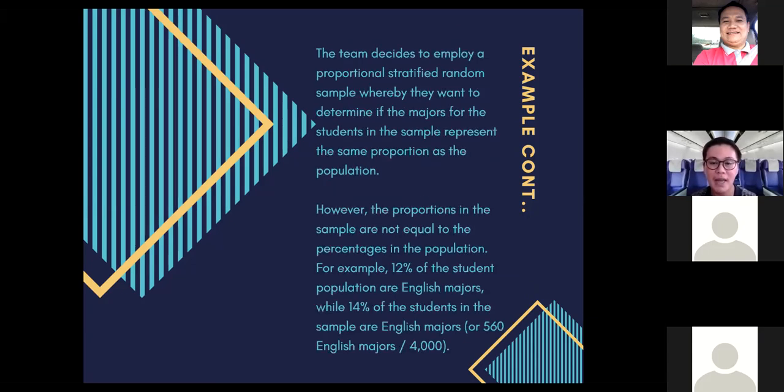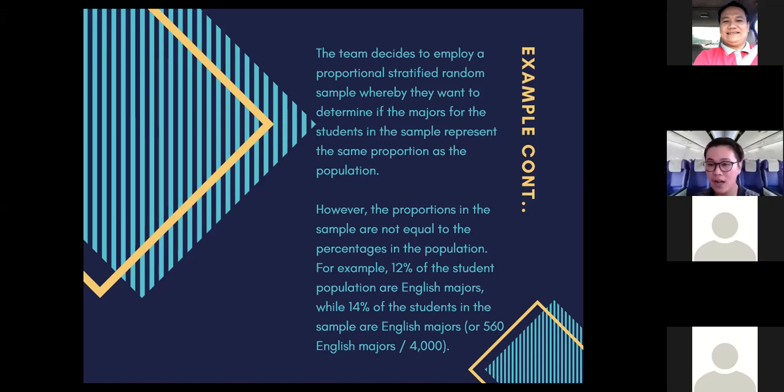So what happened is the team decided to employ a proportional stratified random sample, whereby they want to determine if the majors of the students in the sample represent the same proportion as the population. However, as stated here, the proportions in the sample are not equal to the percentages in the population.